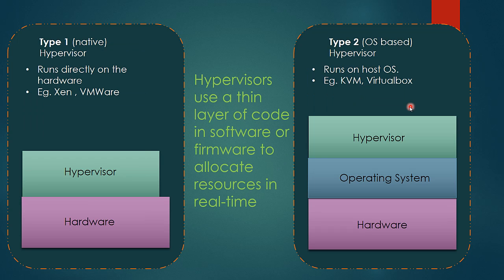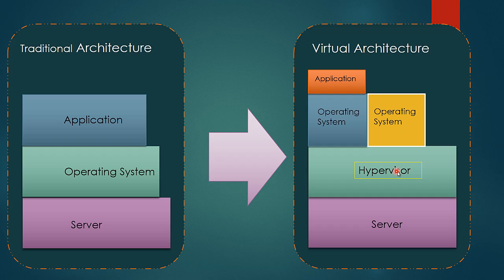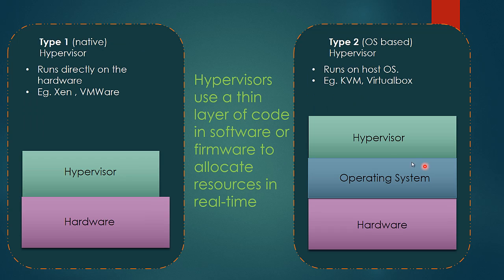Before moving ahead, I would like to mention, as we see the new word hypervisor here, there are two types of hypervisor. Type 1, which is native, is very tightly coupled with hardware. A type 1 hypervisor actually runs on the hardware directly, like Xen and VMware. There is another, type 2, which runs on the host OS.